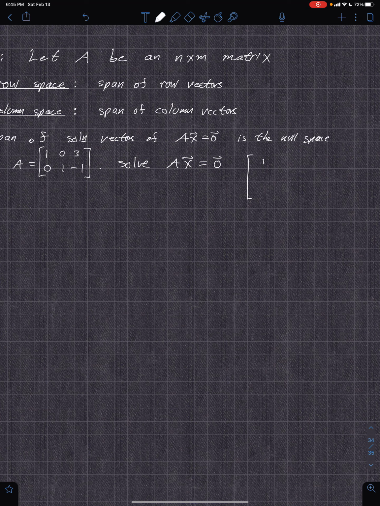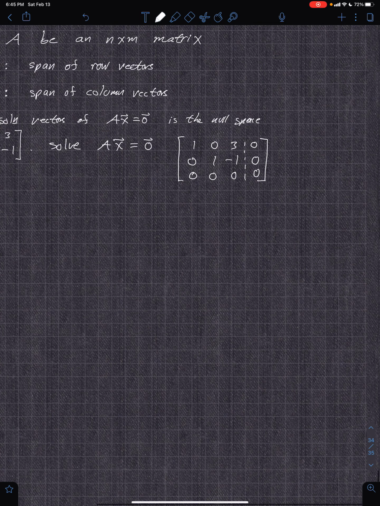So you have 1, 0, 3, 0, 0, 1, negative 1, 0. And then what I like to do is go, well, that's 3 of them, so we need 3 equations. Let's put in all zeros like that. So if you interpret this, there's no way to zero out anything else. So you really are in row echelon form. There's nothing else to do.